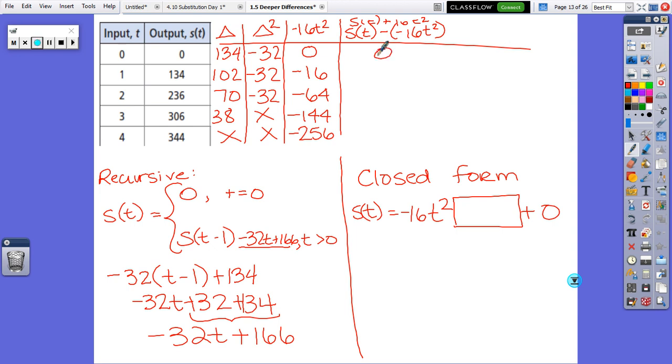If we take 134 plus a negative 16, we get 118. If we take 236 and add a negative 64, we get 172. If we take 306 and add negative 144, we get 162. And if we add 344 plus a negative 256, we get 88.